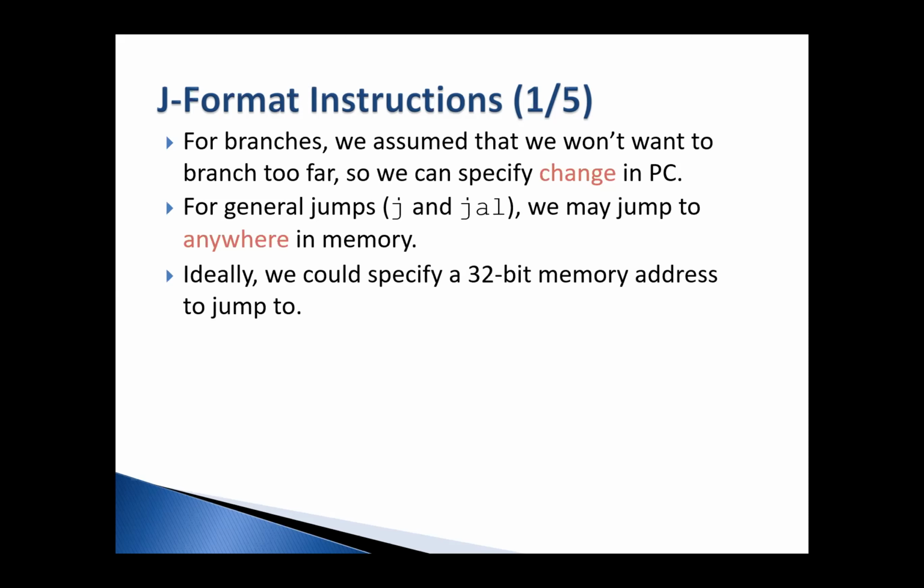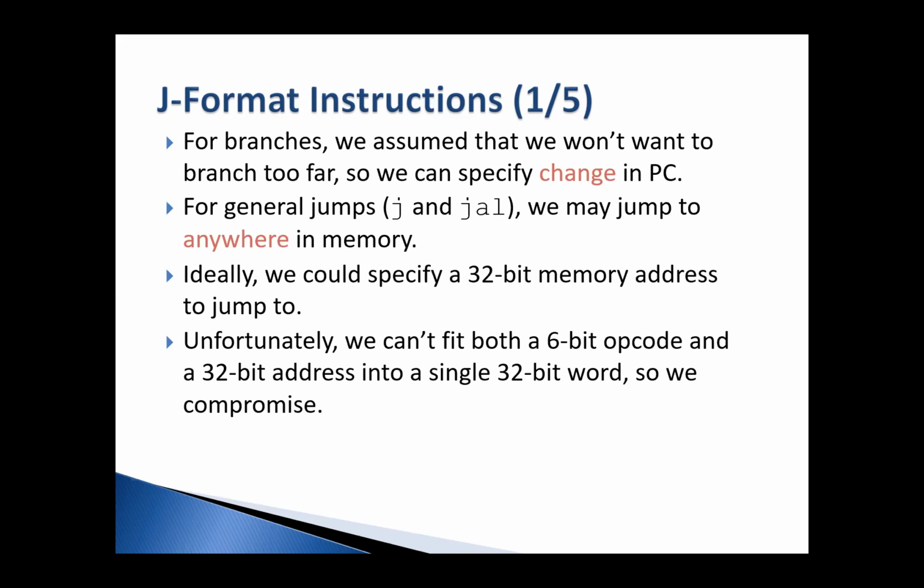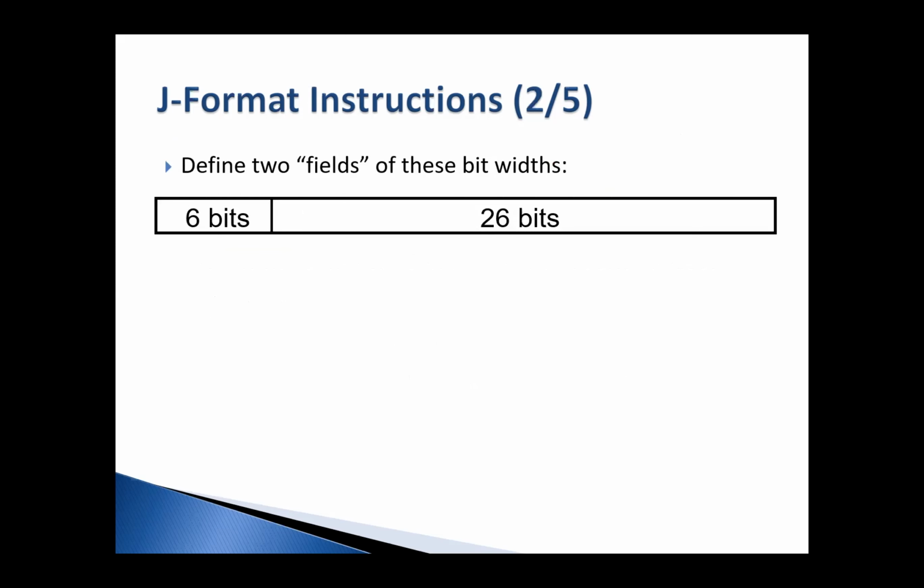And no matter what format of instruction, we still need one opcode, right? So how big is an opcode? Opcode is 6 bits, right? So even if we don't need any registers, we still need the 6 bits for opcode to tell us that this is a J or JAL. So now I have 32 bits of instruction and I use 6 bits for opcode. How many bits left? I have only 26 bits left.